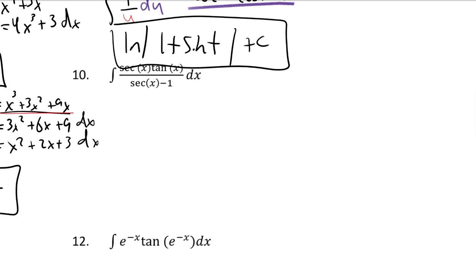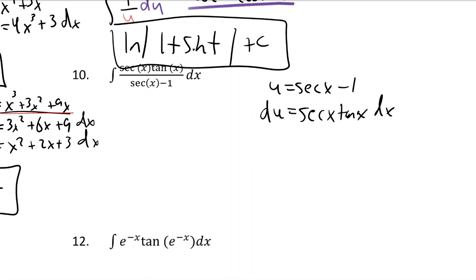Okay, number 10. It's a little harder to think about what u should probably be, for me at least, but that's because I don't use this derivative too much. But the derivative of secant x is secant x tangent x. So assuming that you remember that one, and if you don't, then please put it at the top of your page. Make sure you review that.